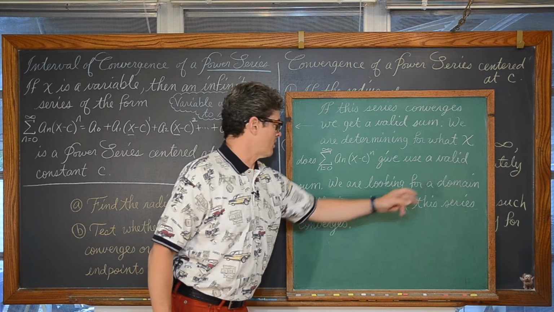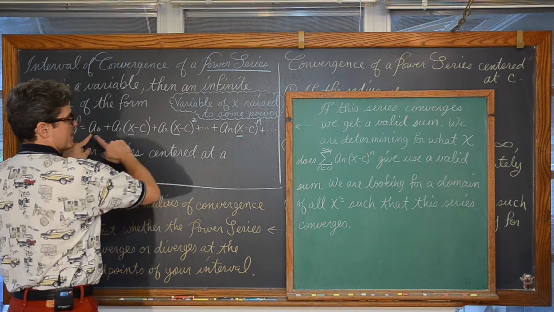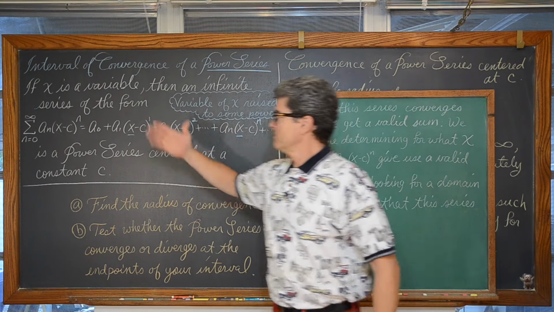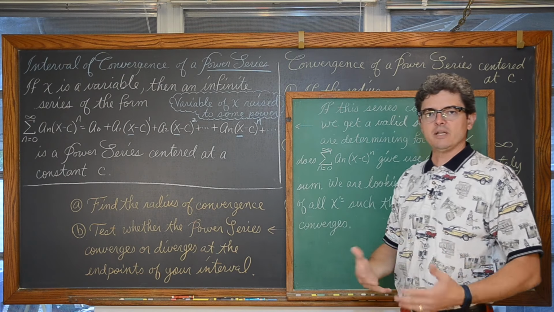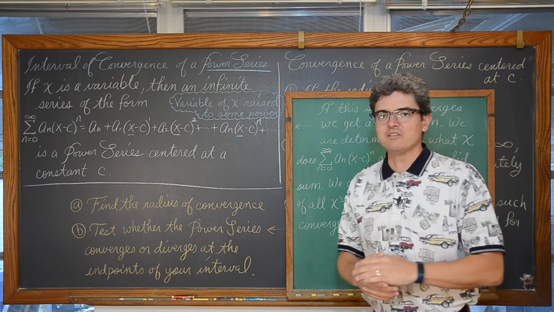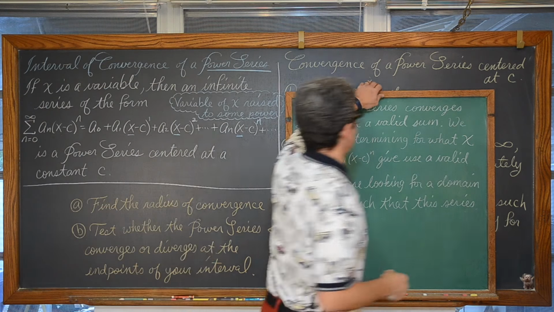We are looking for the domain of all x's such that this series right here converges. If it converges, we get a valid sum, we're good to go. If it diverges, well, then our sum would be something like infinity or undefined. That's not what we are looking for.